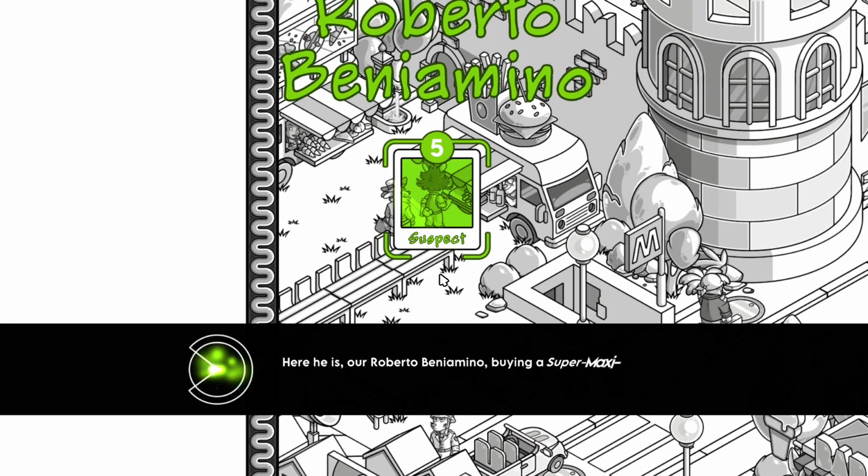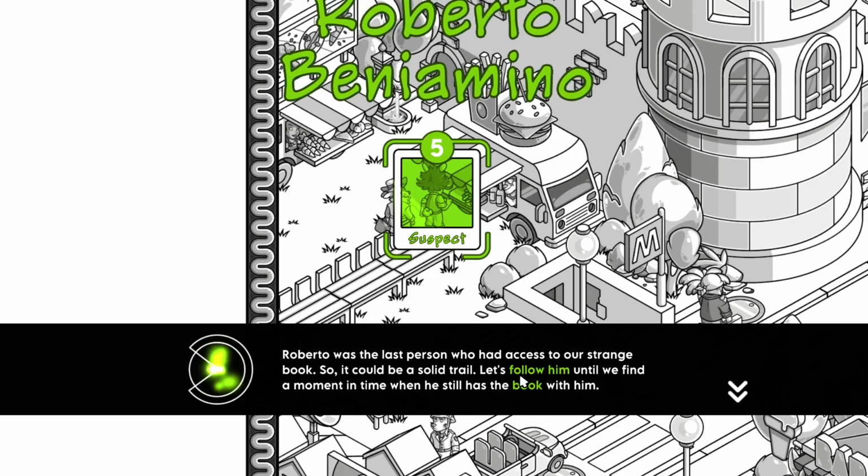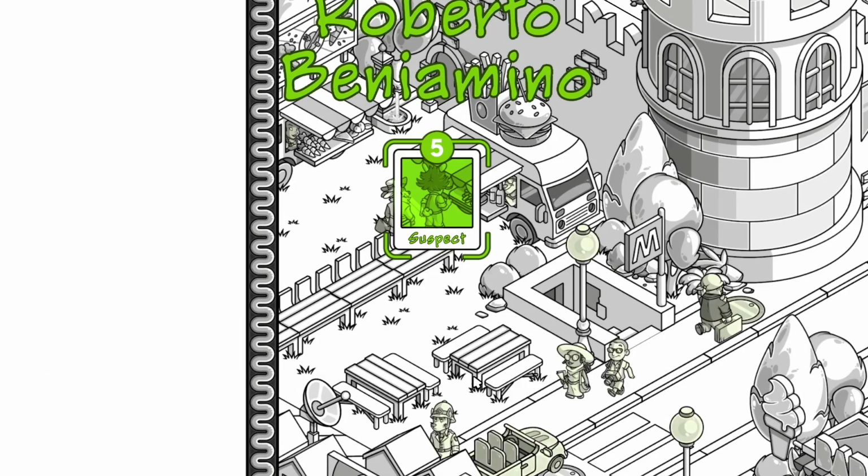Suspect is buying a super maxi burger, whatever that is. Roberto was the last person to have had access to that strange book, so he must be followed.